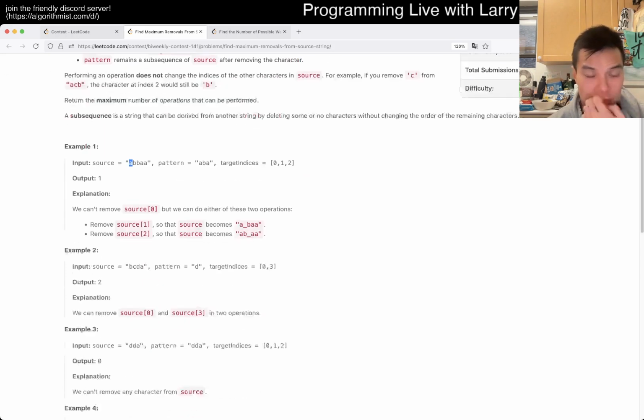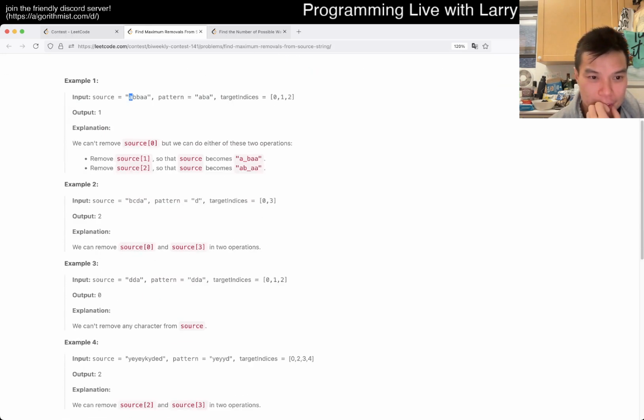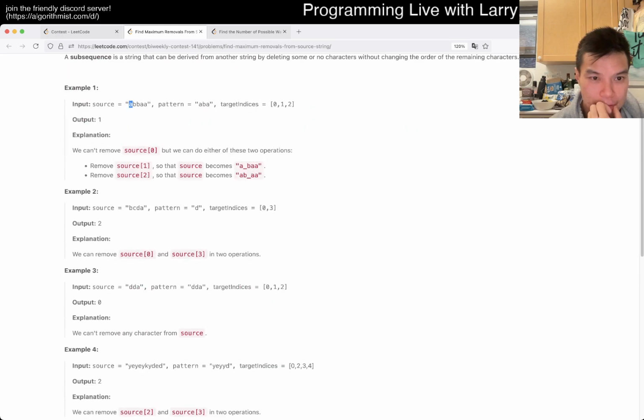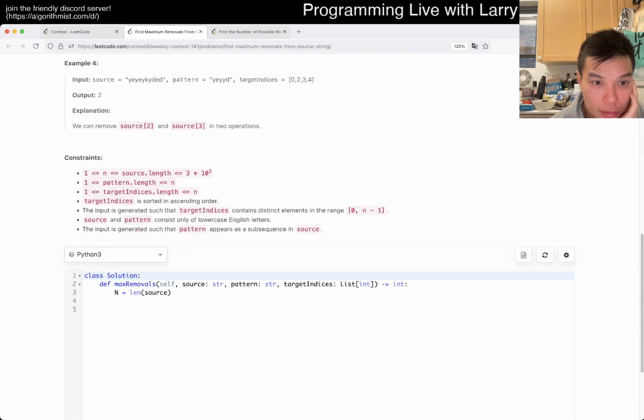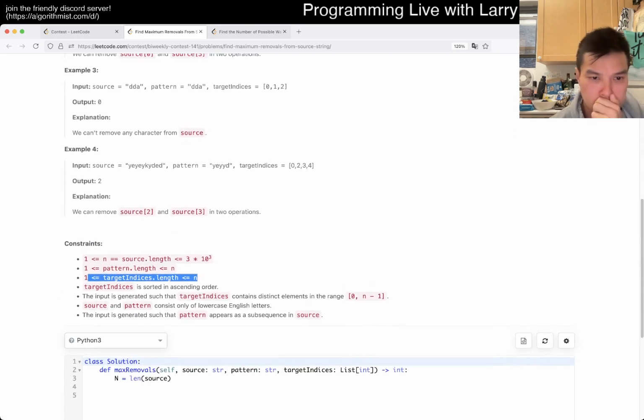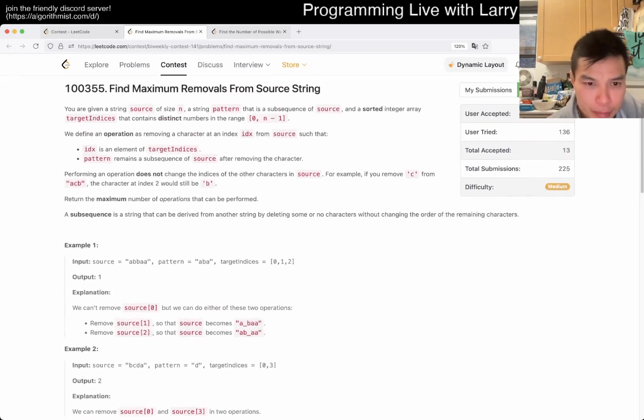How do I even think about this? Target indexes matter, maybe. So that's N. And we say, can we remove this?